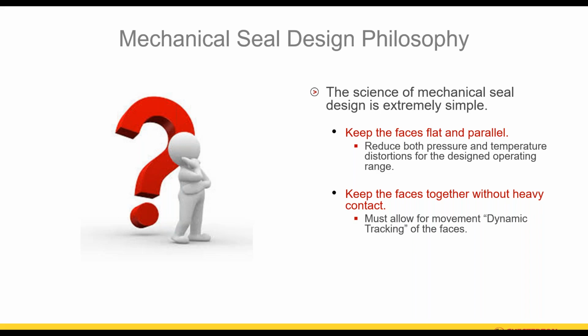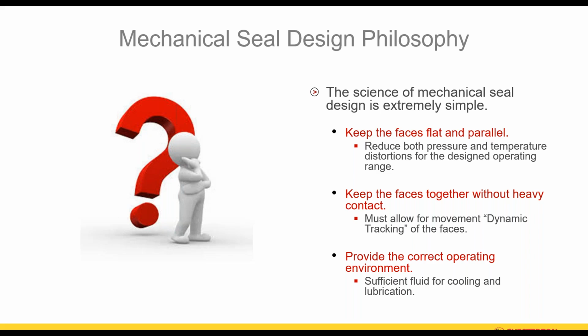They're moving not only rotationally, but also axially, moving back and forth with hydraulic transients coming through the flow of the pump and all sorts of different things. So we have to keep the faces together, but not too together and not too far apart. And then finally, we need to provide the correct operating environment, making sure there's sufficient fluid for cooling and lubrication. Sounds very simple. Obviously, it's not.